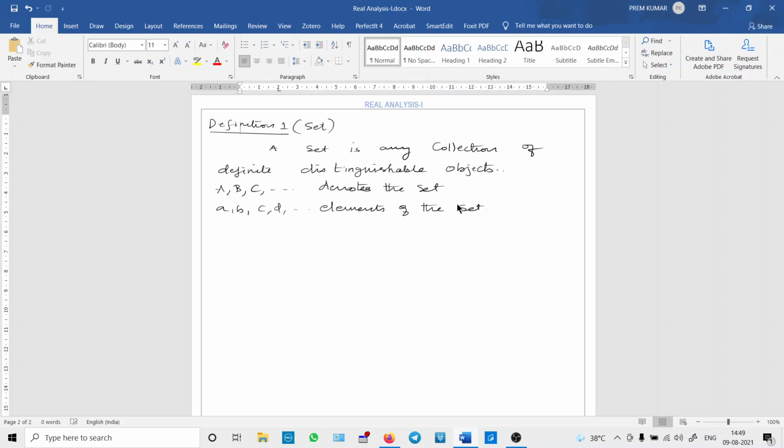This we should keep in mind throughout this study. And suppose an element a belongs to the set A, we write a belongs to the set A. And if an element does not belong to the set, we use this symbol: a does not belong to the set A. These are not very basic, but anyway we will be using these notations throughout. This is the symbol for element and not an element.